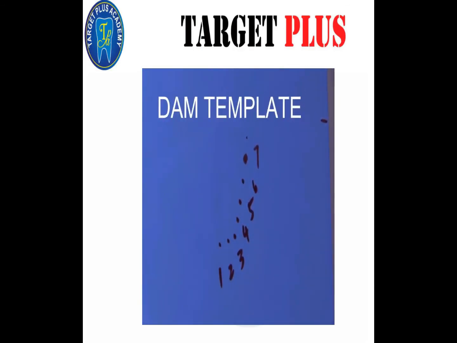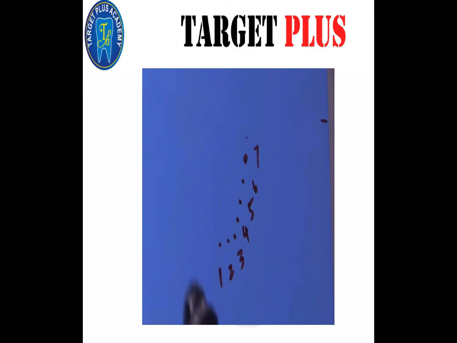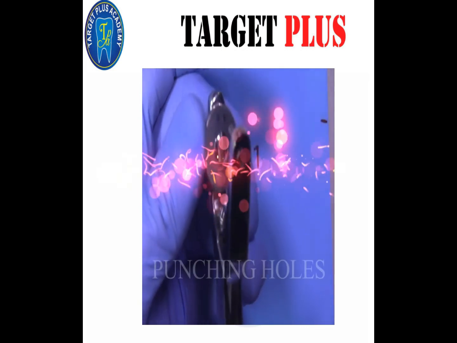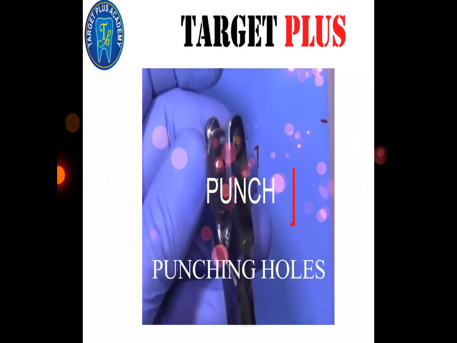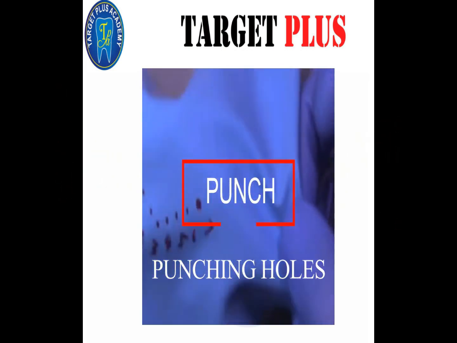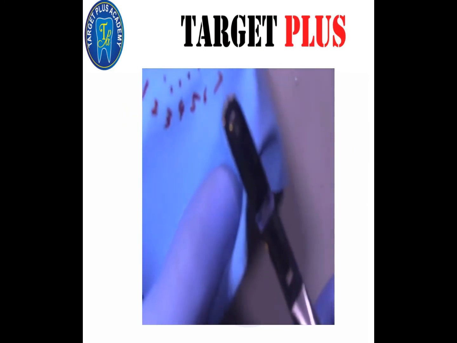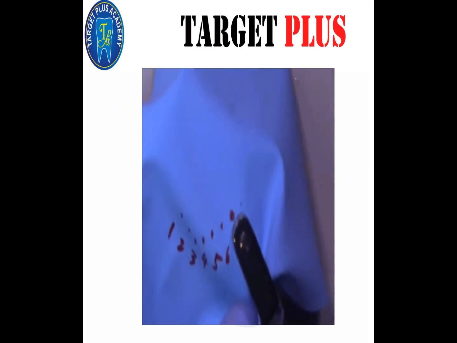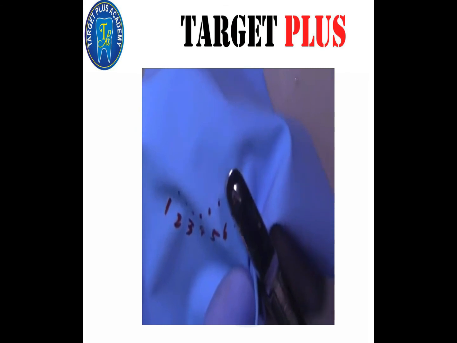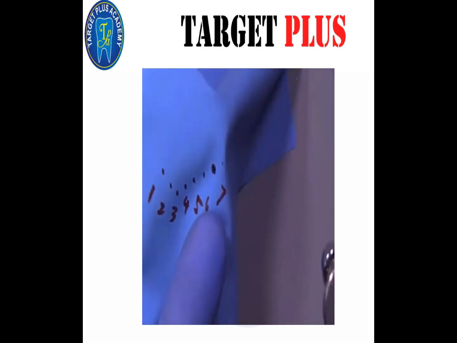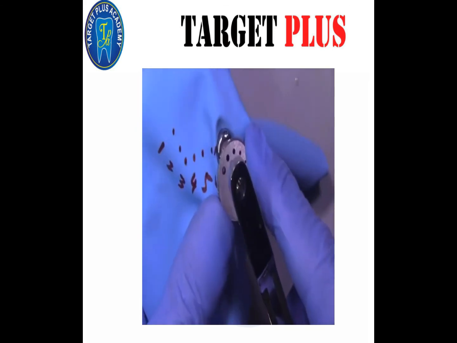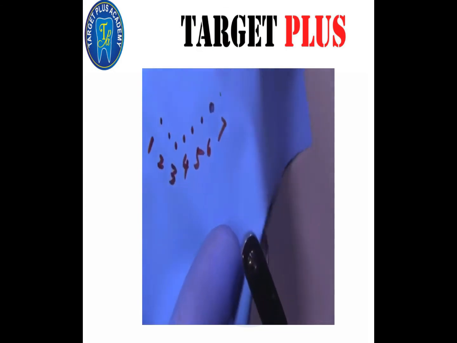is punching holes. It is recommended that the assistant punch the holes after assessing the arch form and tooth alignment. So, pre-punch the dam using holes marked by the template or a rubber dam stamp.